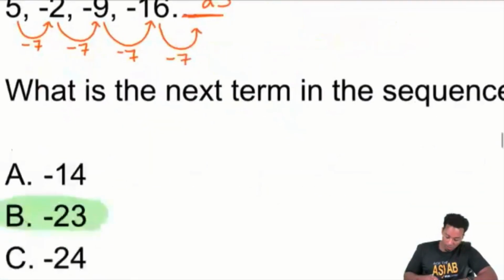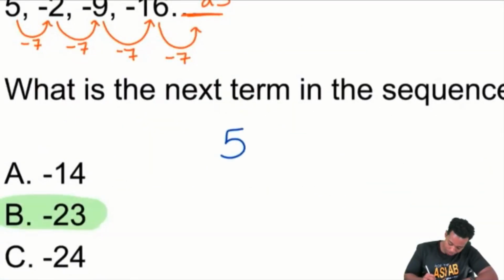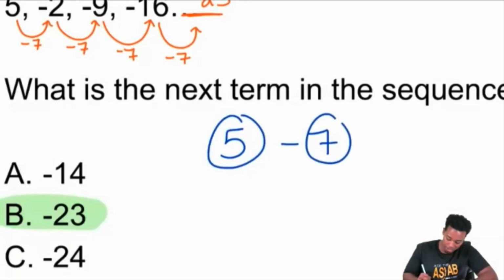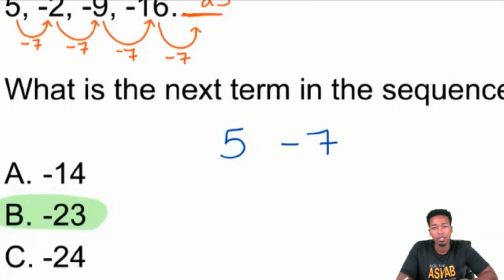Think of it like this. If I have 5 and then I take away 7, two things here. One way to think about it is when you are subtracting like this, a positive and a negative, you're literally taking the difference. Everybody, how far apart are 5 and 7? Right, they're 2 apart.